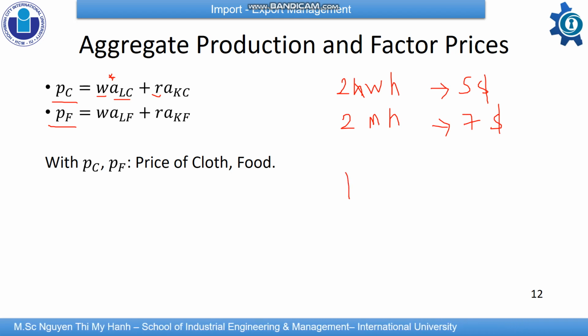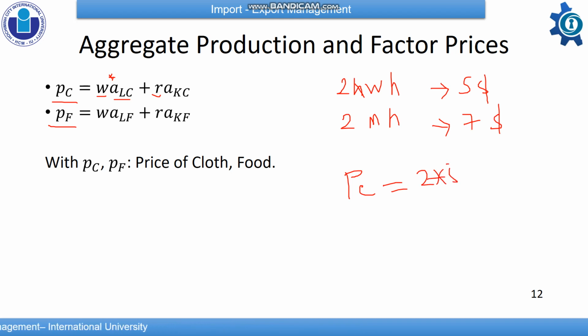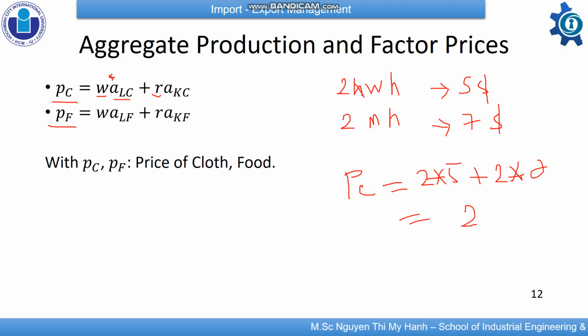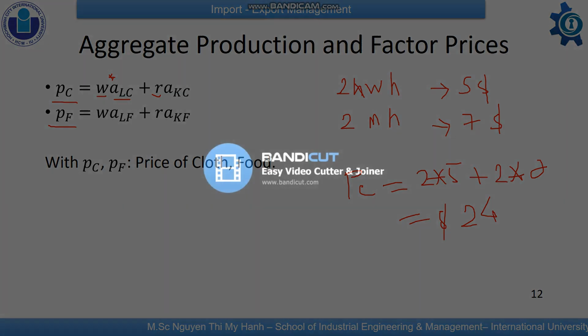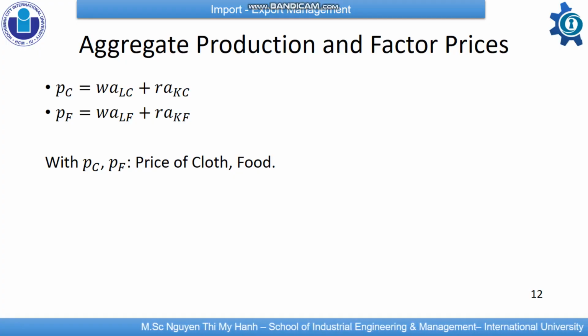So the price of 1 meter of cloth will equal 2 times 5 plus 2 times 7. So we have the price will equal $24, right? The same way, you can calculate the price for the food.